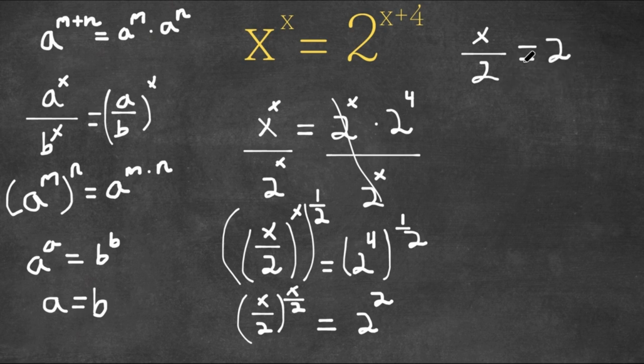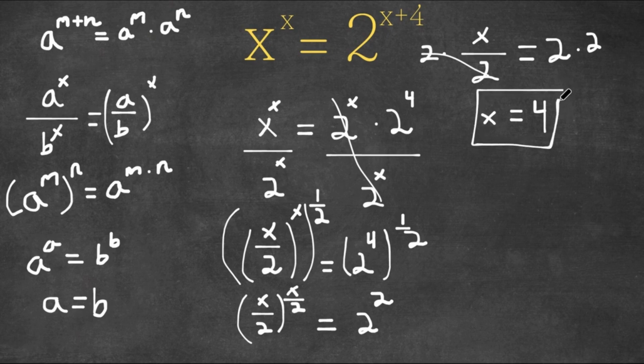Now, as you can see, we have a simple equation. We simply multiply both sides by 2. These two get canceled out, and we have x is equal to 2 times 2, which is 4. So 4 is our answer.